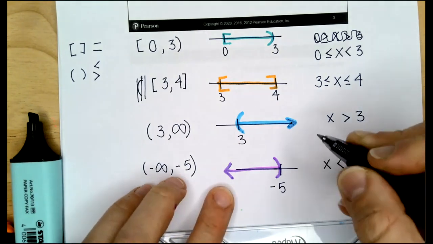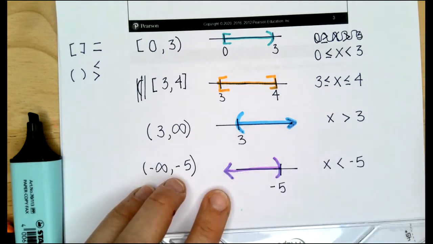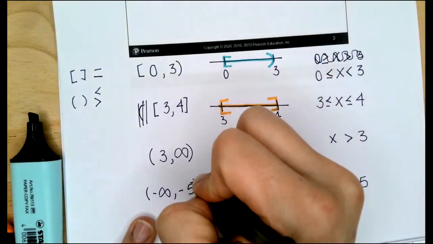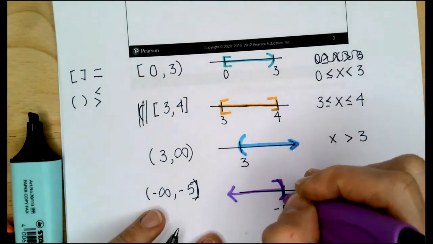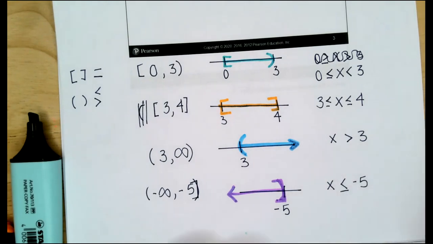The arrow is going in that direction. Less than negative 5. Oh, sorry, I didn't copy that right. It had a bracket. Doesn't work very well. So less than or equal to negative 5.